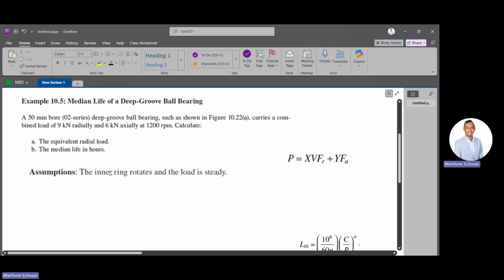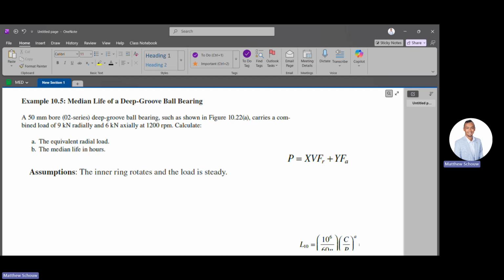Perfect. Remember, it's a factor we need. The first thing we want to do for the question is look at our catalog of the 02 series deep groove ball bearing at a 50 mm bore. So what I'm going to do is get the table, and we're going to have to pull some values from it.